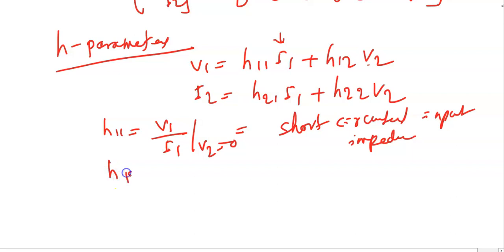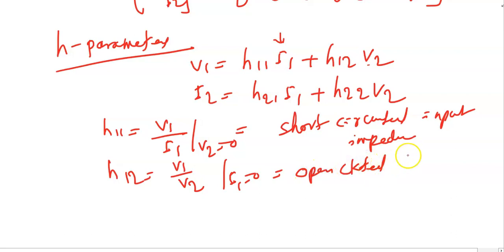H12 is V1 upon V2 when I1 is 0. I1 equal to 0 means open circuited, reverse voltage gain.